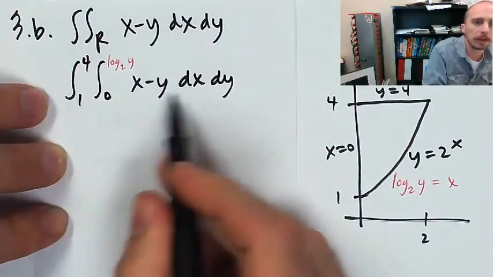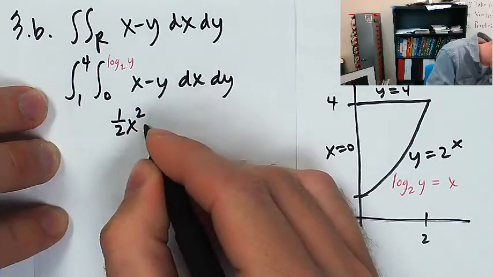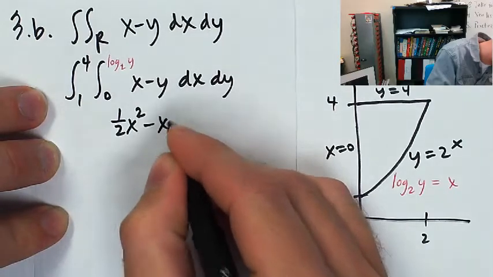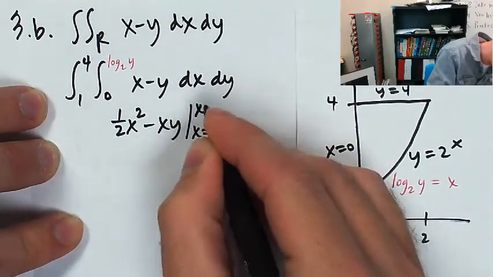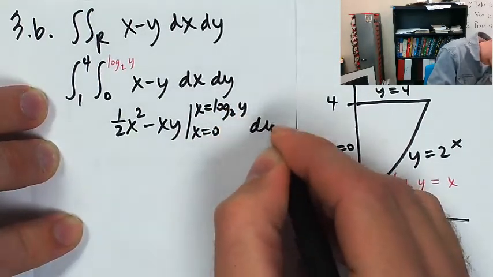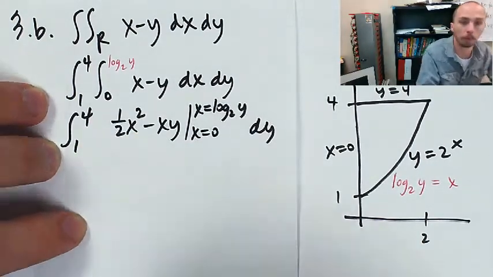Okay, so I'm going to anti-differentiate with respect to x, so I'd have 1/2 x squared minus xy, or yx, however you want to call it, as x runs from 0 to x equals log base 2 of y. And integrating that with respect to y as y runs from 1 to 4.